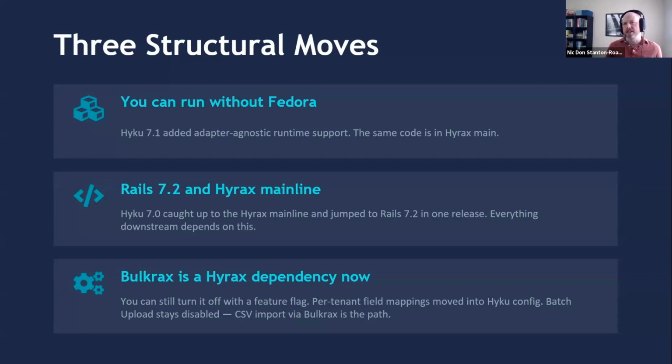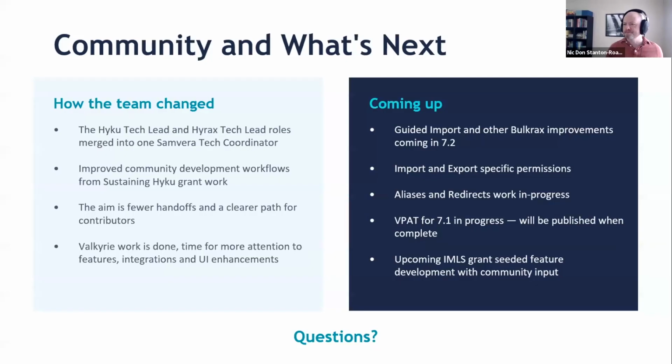It just makes development in bulk rack and the ways that bulk rack interacts with other elements of the app more efficient to develop. And so a lot of the downstream enhancements to importing, exporting, and bulk rack implementation are sort of downstream of that.